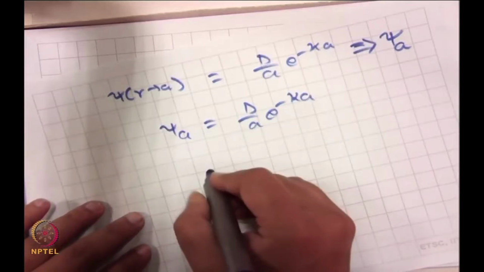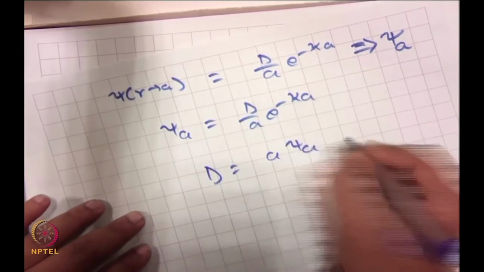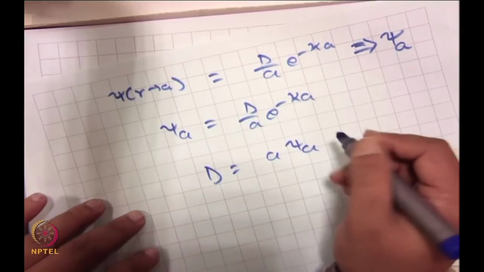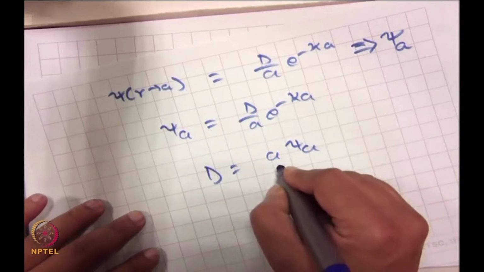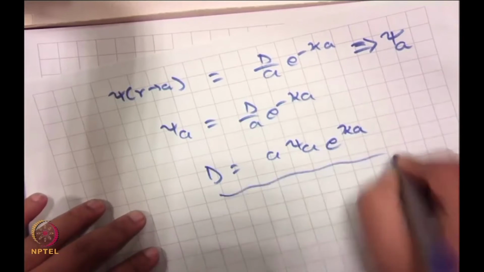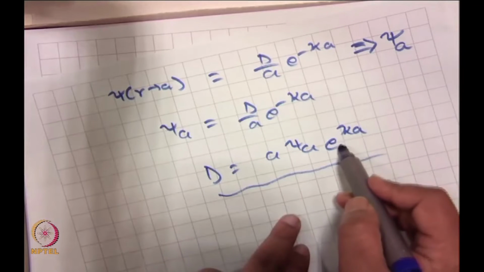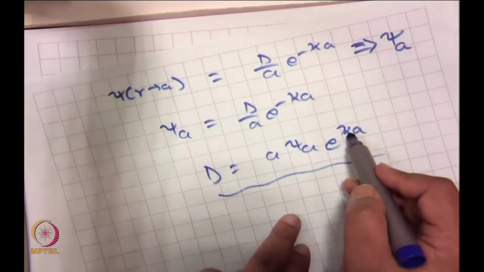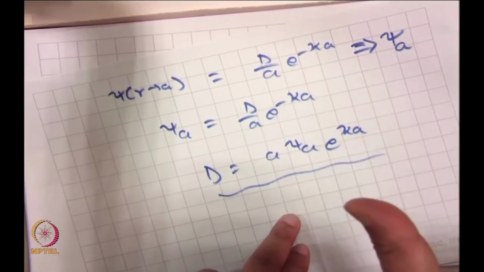Then I have an expression for d, which is d is equal to a psi of a, then what? E to the power kappa a. So, this is what I have. So, this is what my d is in terms of obviously exponential kappa, then you have a, then you have this a here which is the radius of the charged particle, right.